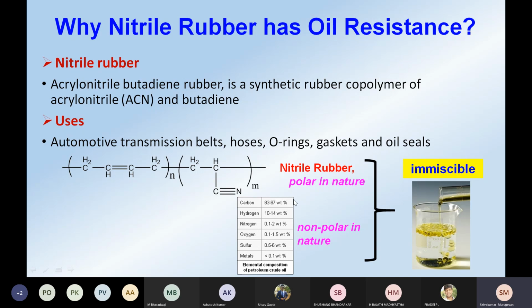And if you see the chemical composition of any oils, kind of petroleum oil or any edible oil, etc., it is a combination of mostly carbon and hydrogen, with a very minor amount of nitrogen, oxygen, and sulfur. Okay, so what the structure is playing here is that polar and non-polar, if we mix, they will not mix with each other at all, right?